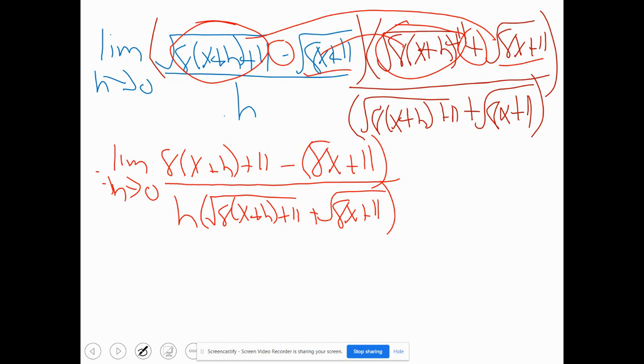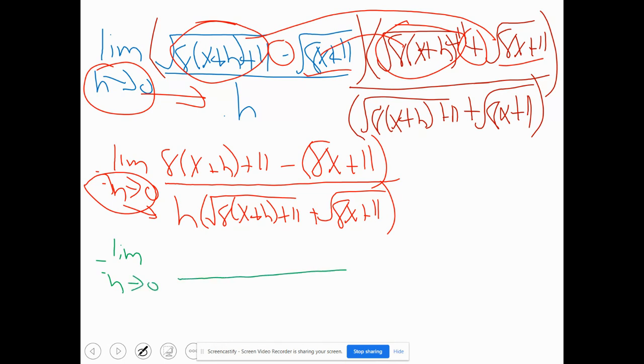All right, now we're trying to plug in h equals 0. You can't plug it in the bottom, just like up here, I couldn't plug it in. So let's simplify a little bit. Change colors one more time here. I would have my limit as h approaches 0. On the top, I've got an 8x plus 8h.